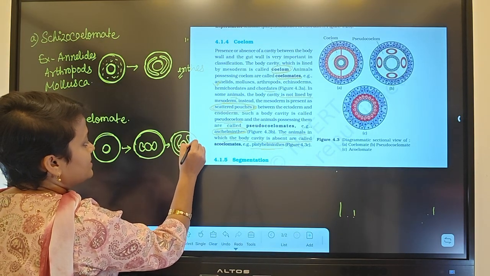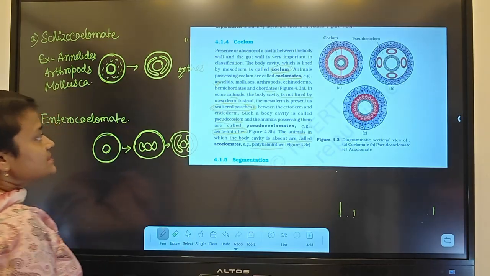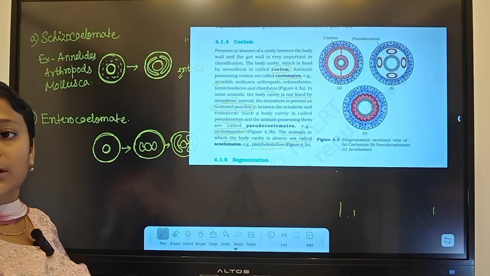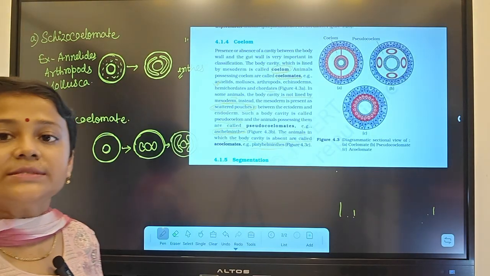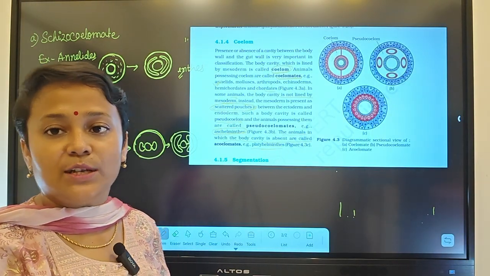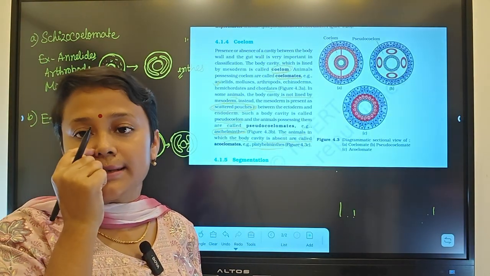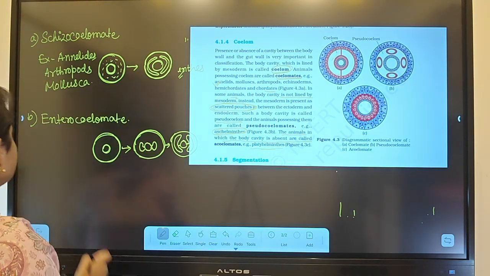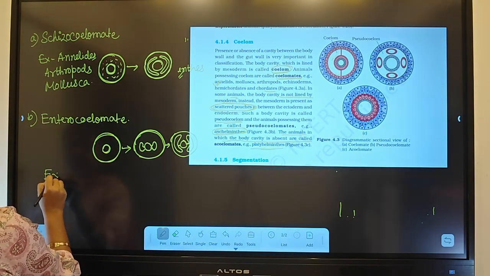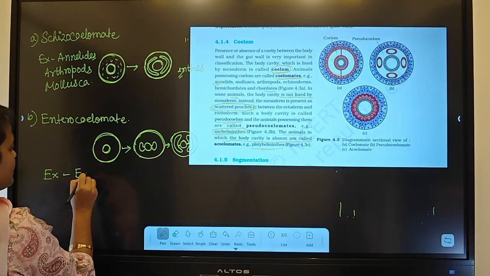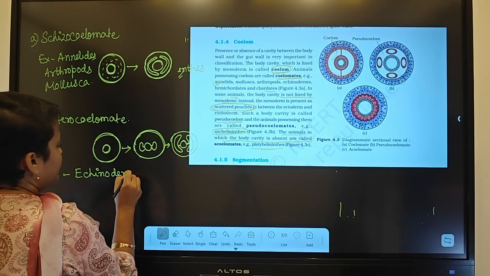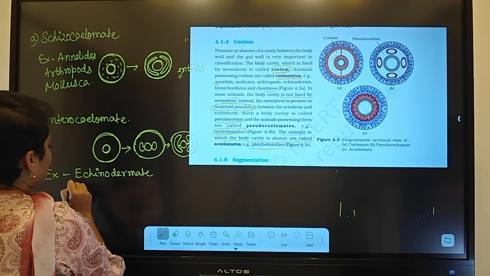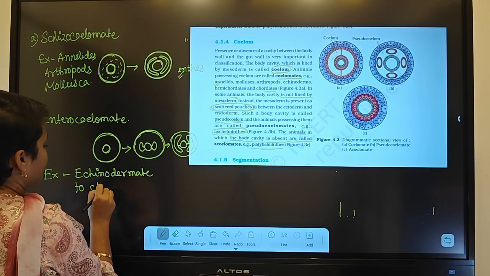This kind of coelom is called enterocoelom. Okay, enterocoelom. Entero means from gut. Remember that. And the example is echinodermate to chordate.